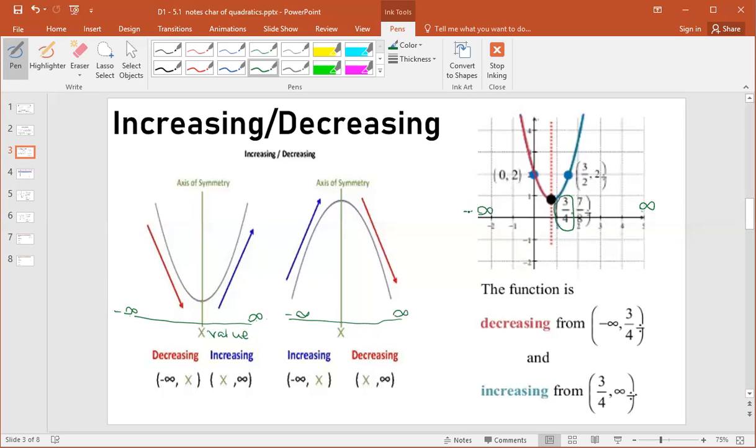So from negative infinity to 3/4 is the decrease. You can see that's how we wrote it. And then it makes the turn at this 3/4 and continues on to positive infinity. From 3/4 to infinity is where it's going up or increasing. So you're always using the x-axis, never the y values, always the x values.